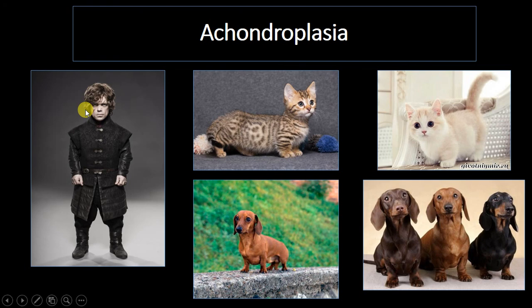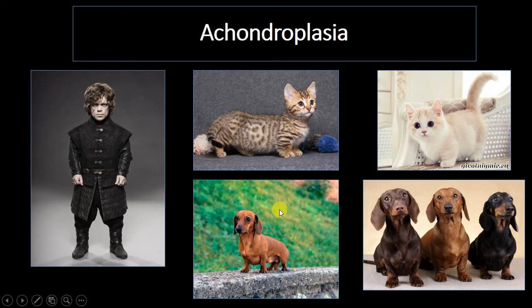Other features include an enlarged head and prominent forehead. Some animals also suffer from this disease. For example, dachshunds with short arms and legs with a normal torso.